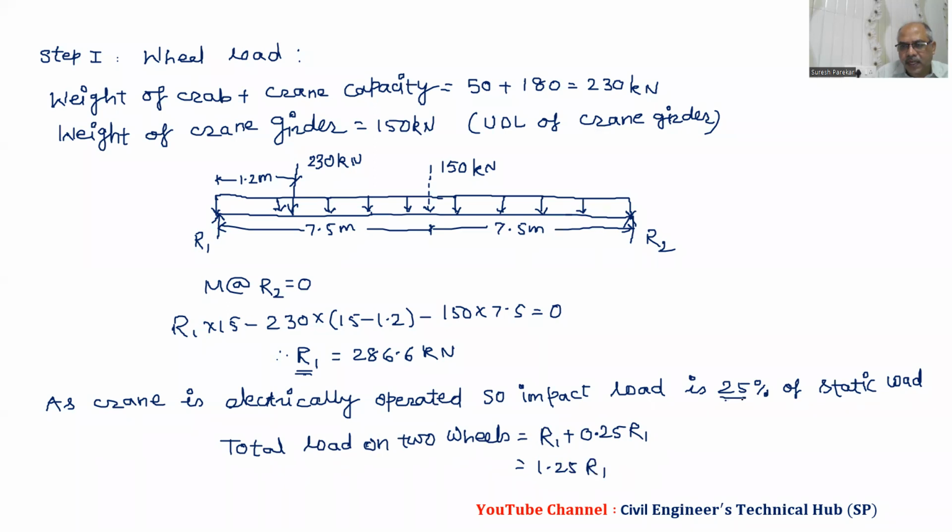25% we have mentioned over here, and this is because R1 is due to static load only. Equal to 1.25 into 286.6, and that is equal to 358.25 kilonewton. Now, this is a load shared by two wheels.